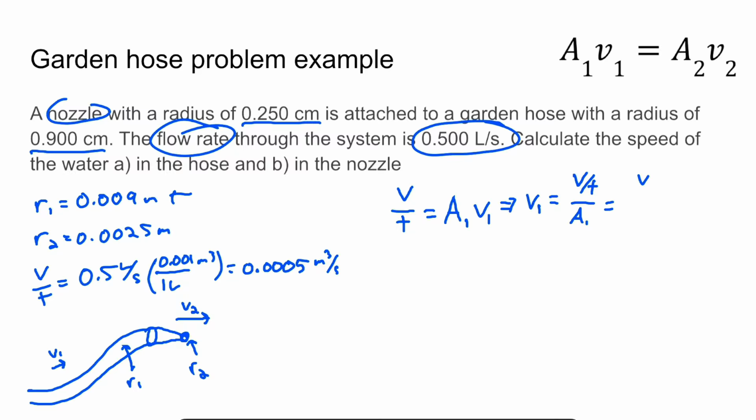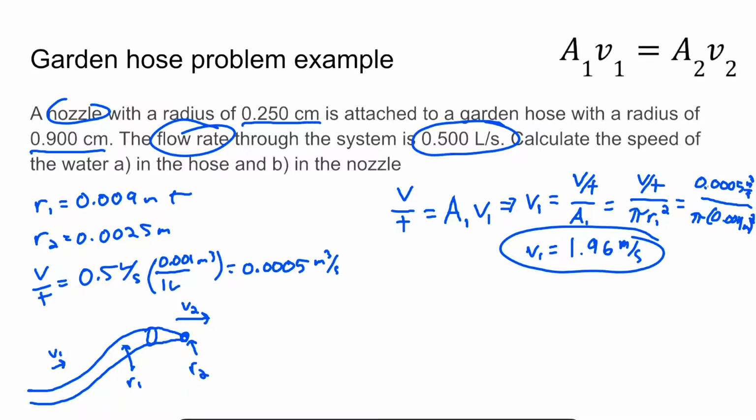So our area is pi r squared for r1. We're plugging some numbers in. We've got 0.0005 cubic meters per second as our volume flow rate, and we're going to divide by pi times our radius, 0.009 meters, squared. And that will give us a velocity for the hose of about 1.96 meters per second.